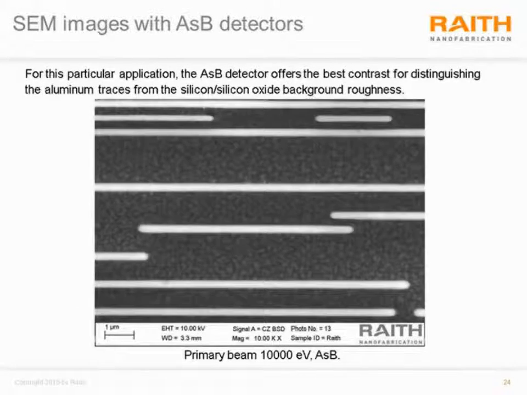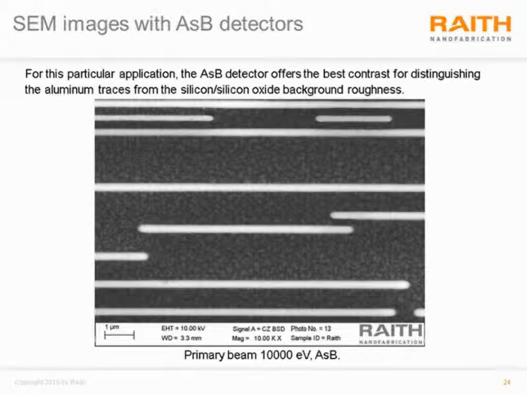But if we switch now to the post-lens angular selective backscatter electron detector, we see that these aluminum lines are appearing with very high contrast over the silicon background. And so it's very important to have a variety of electron detectors and primary landing energies.